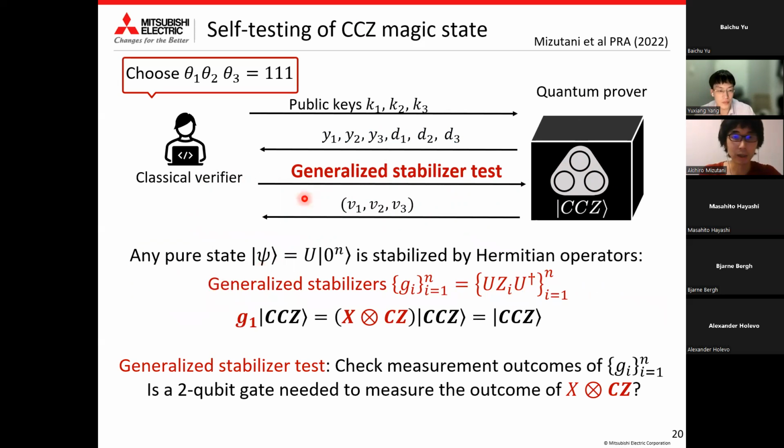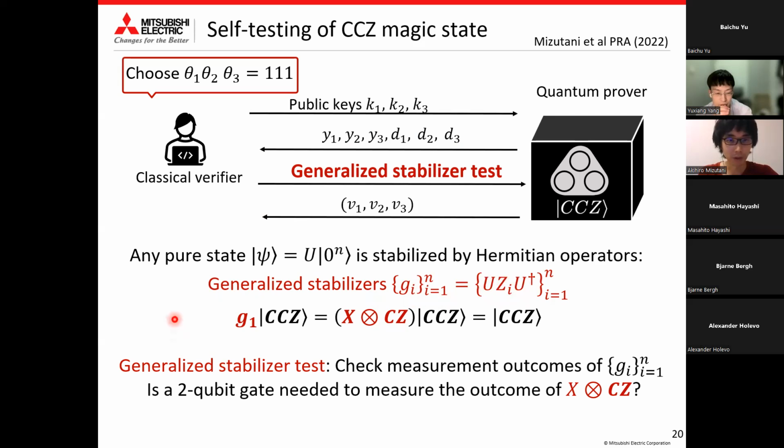So I explain more about this generalized stabilizer test. Of course, the CCZ magic state is not a stabilizer state. So this state cannot be stabilized by Pauli operators. But of course, any pure state psi is stabilized by some Hermitian operators. So I call these Hermitian operators generalized stabilizers, and we denote them Gi. Gi is written like this.